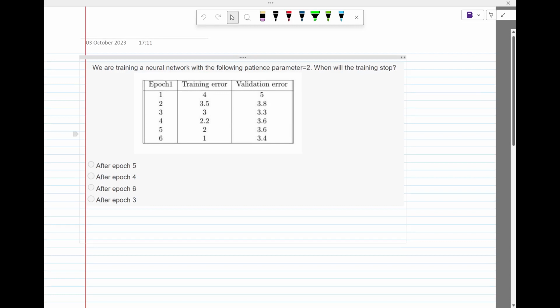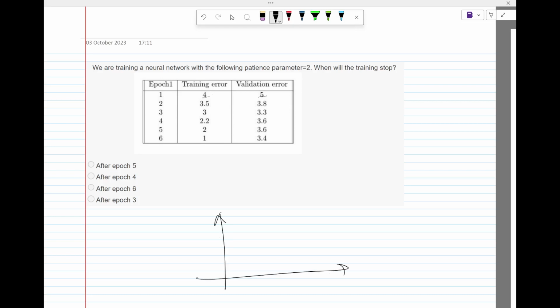so you have, like, each epoch you're getting a training error and a validation error, and you look at how it is evolving. So the training error is some 4, then 3.5, 3, 2.2, 2, 1, something like that is happening.